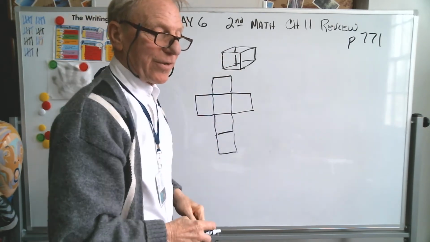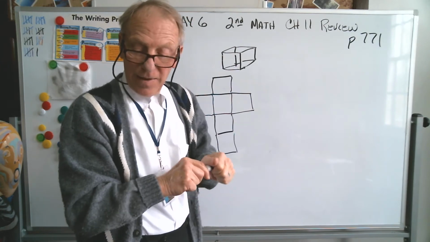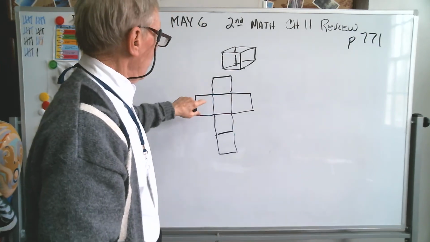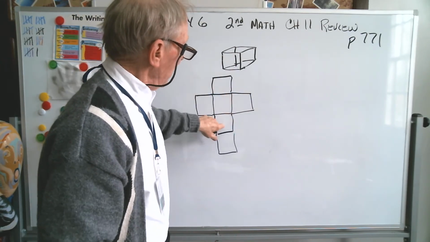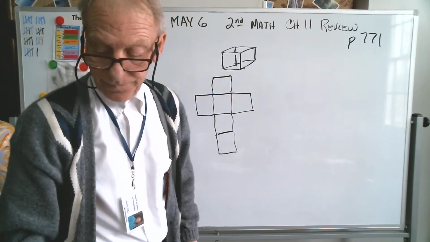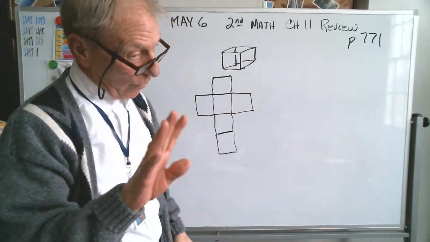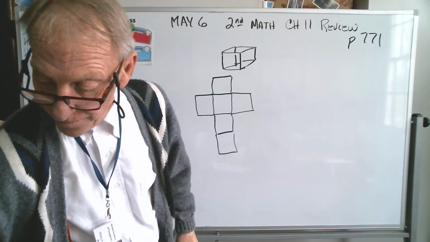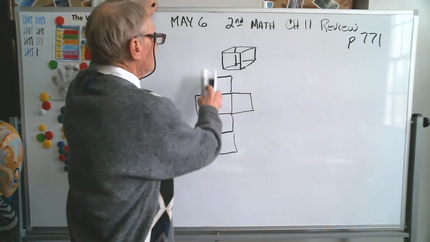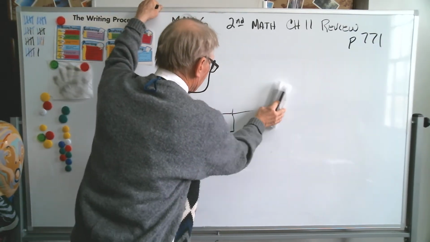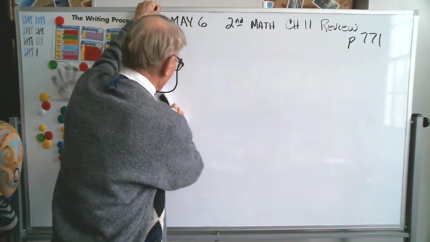Remember we drew this the other day? There are 1, 2, 3, 4, 5, 6 sides, but only 4 faces. Well, that's everything you probably ever wanted to know about a cube.